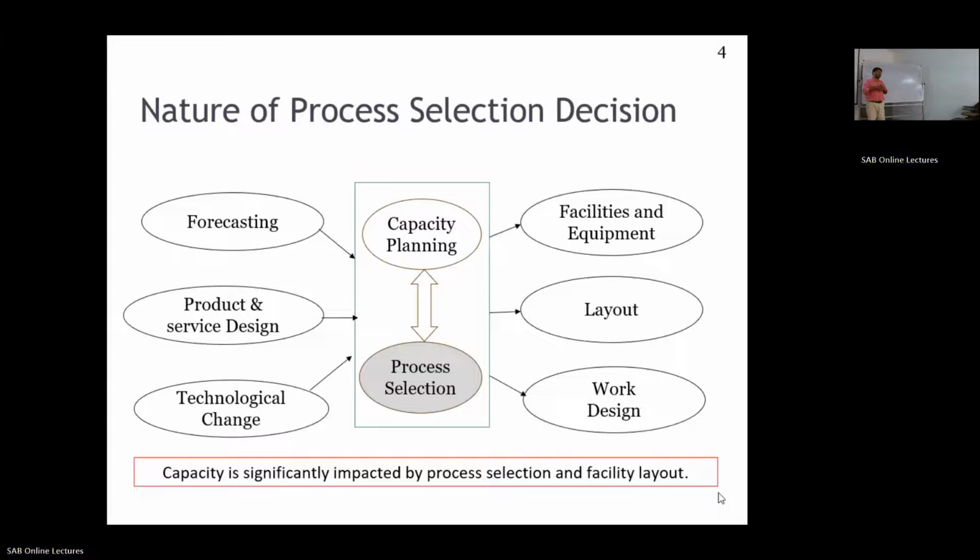Clear? With that, we can conclude this topic. We talked about the process selection decision, what it is, why that is important, and identified process types: 5 manufacturing types, 3 service.